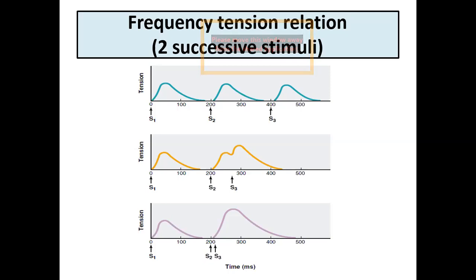Now, what happens here is that not all calcium is being pumped back, because you have applied another stimulus again. Before all the calcium could go back, you have applied another stimulus. More calcium is released, on top of the previous contraction's calcium. Not all calcium has gone back into the sarcoplasmic reticulum.